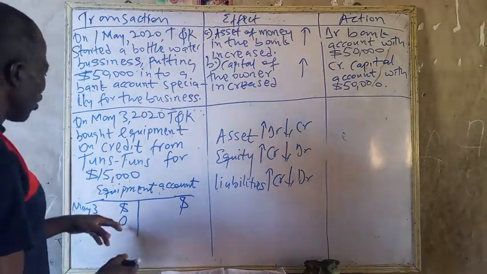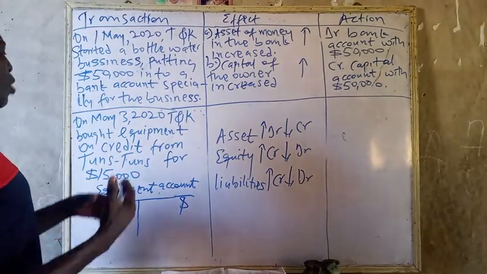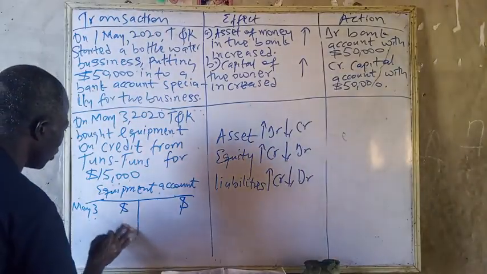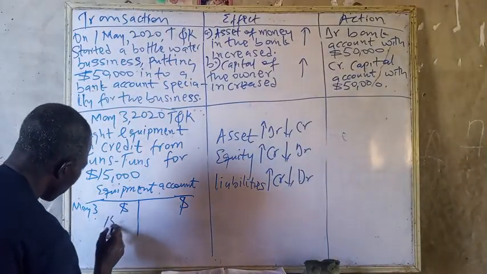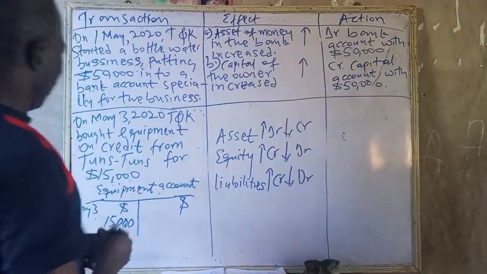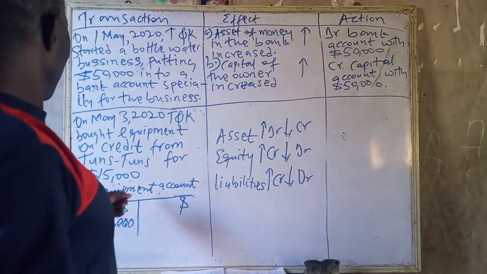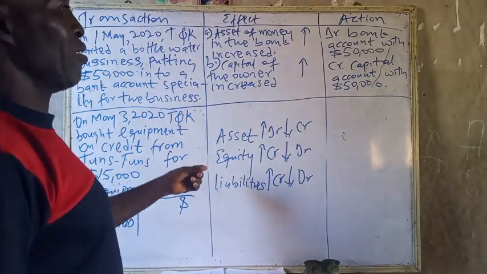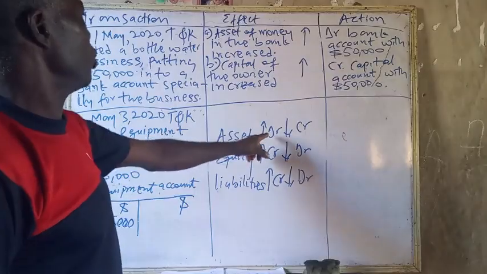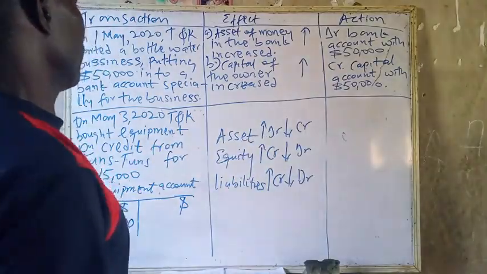So that means from $0 yesterday, the equipment account has increased to $15,000. You can see. And when we say equipment is an asset account, when asset increases, what do you do? You debit.